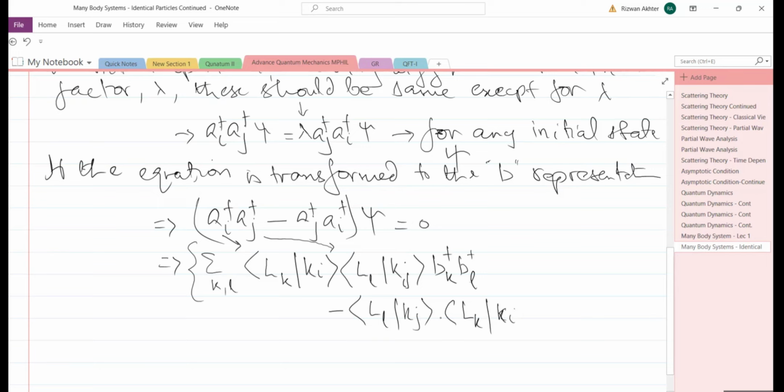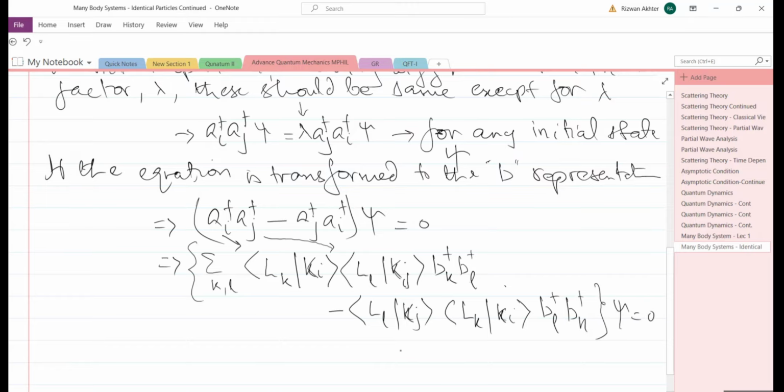This is capital K, remember. This is capital K. Here we have b_l dagger, b_k dagger, and then psi equals to 0.